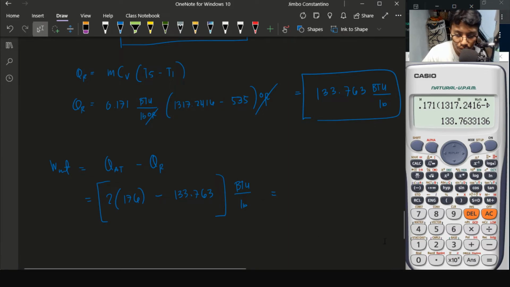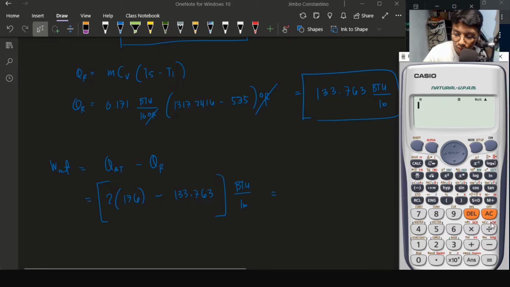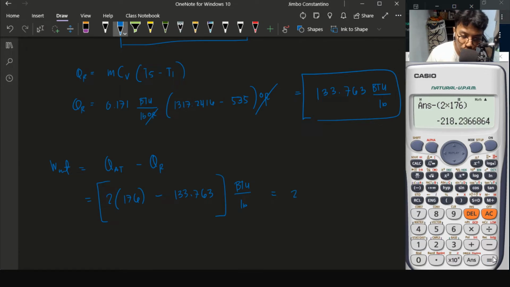That is 2 times 176 minus 133.763. So 218.2367 BTU per pound.